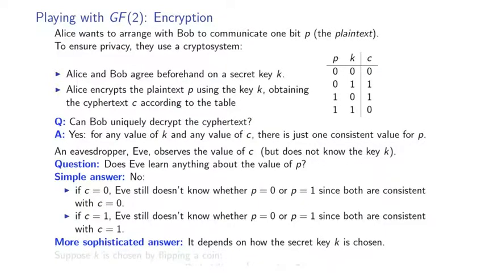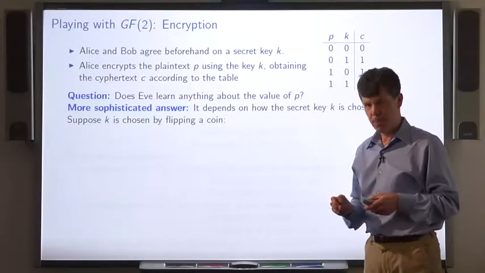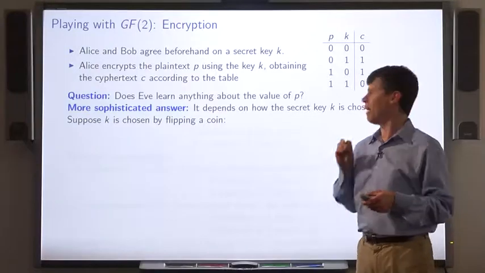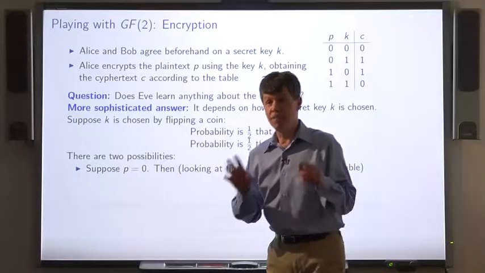And here's a somewhat more sophisticated answer. It depends on how the secret key is chosen. So let's suppose the secret key is chosen by flipping a coin. So the probability is 1/2 that the key is 0 and 1/2 that the key is 1. Let's look at it from Eve's perspective.